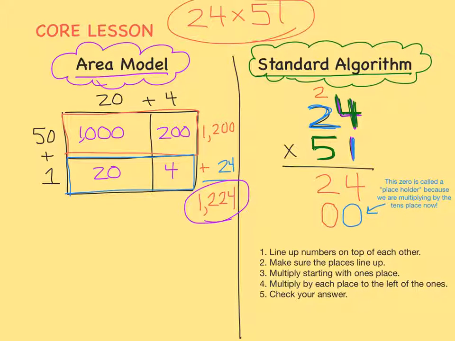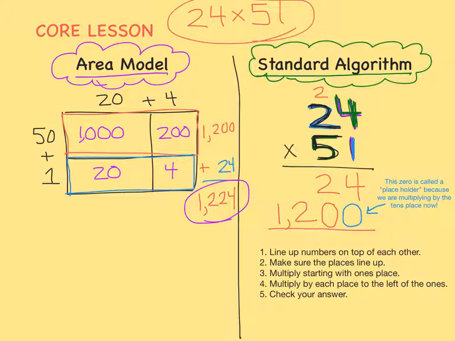We will multiply the tens place in 51 times the tens place in 24. 5 times 2 equals 10, plus we're going to add the 2 above, which equals 12. If there's nothing else to multiply by, we can write the full 12 down below.